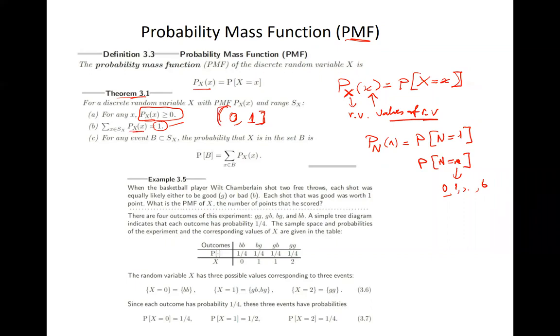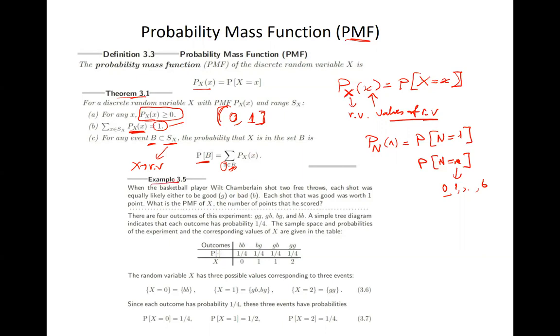And the sum of the PMF should give you 1. And for any event B, which is a subset of S_X, for any random variable X, the probability of B will be the sum of the PMF values at every x value within this B.